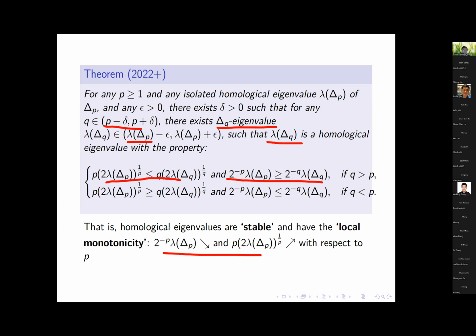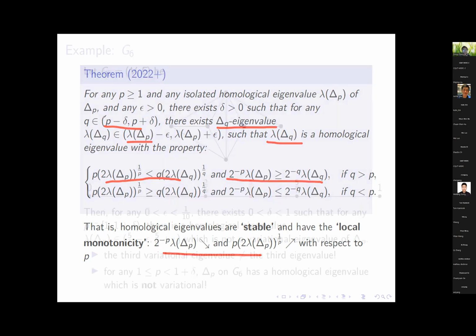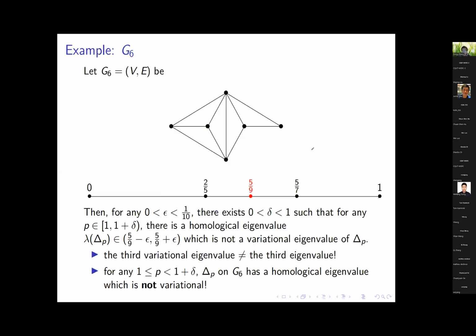So let's see the last two examples. For example, take the graph on 6 vertices. As you can see, the graph has only 4 different 1-Laplacian eigenvalues, which are 0, 2/5, 5/9, and eigenvalue 1. The eigenvalue 1 has multiplicity 3, and we can show that 5/9 is the third eigenvalue, but it is not the third variational eigenvalue.